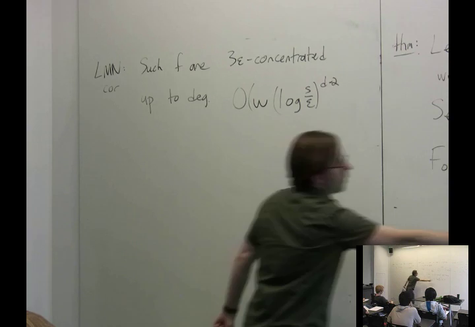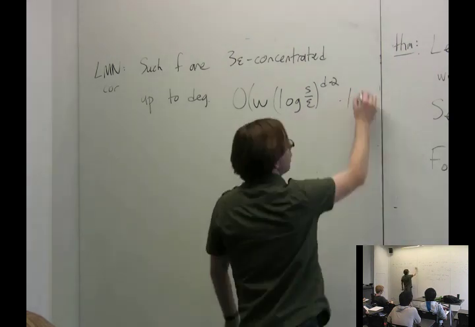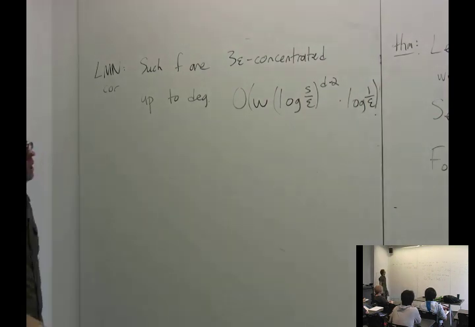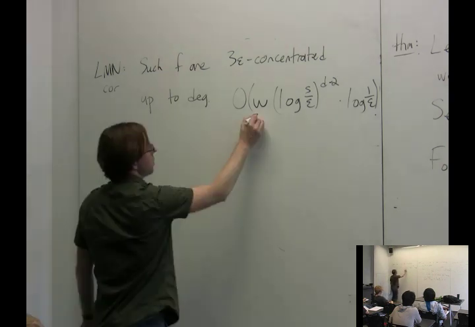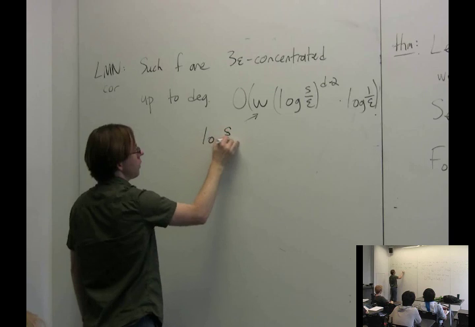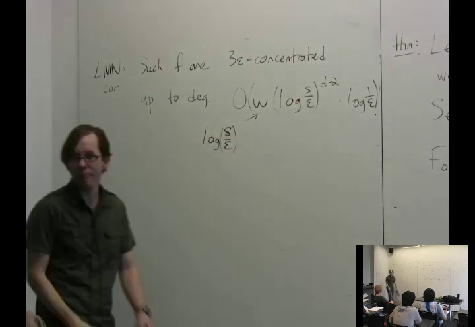And then this is the k, so we're also going to get log 1 over epsilon. Which was basically LMN. LMN was the same thing, except instead of w, it had another factor of log s over epsilon. Remember, it had log s over epsilon to the d minus 1.